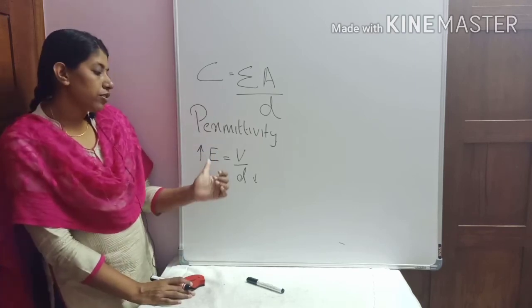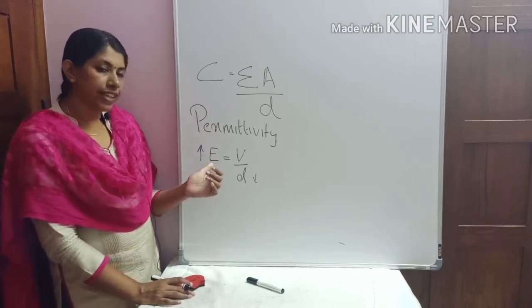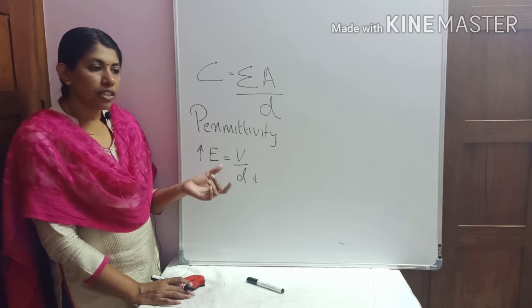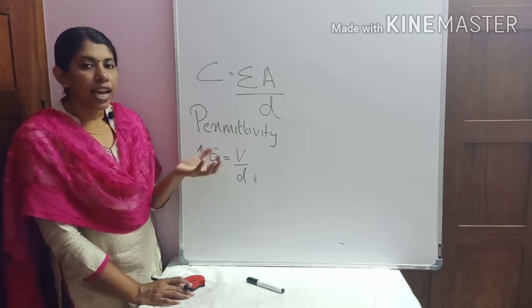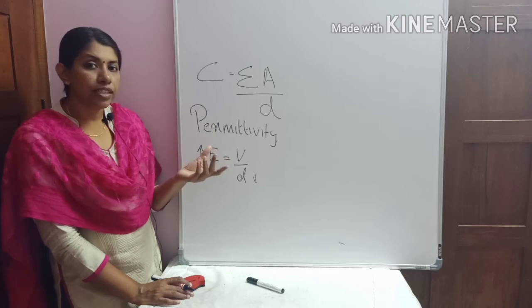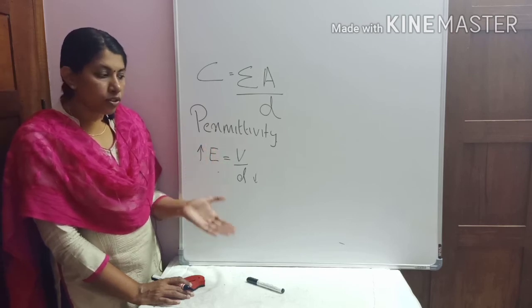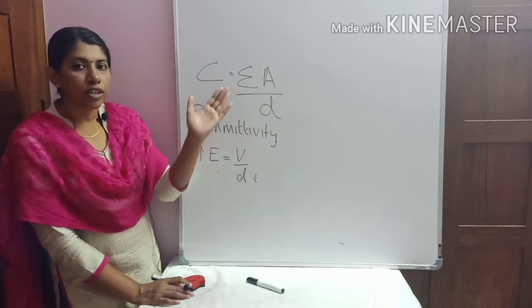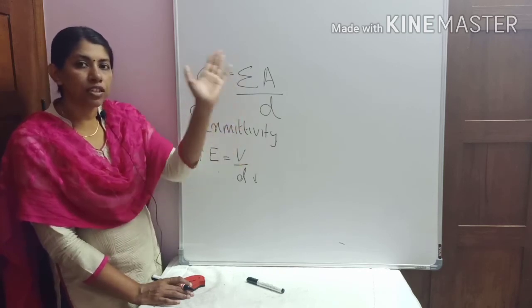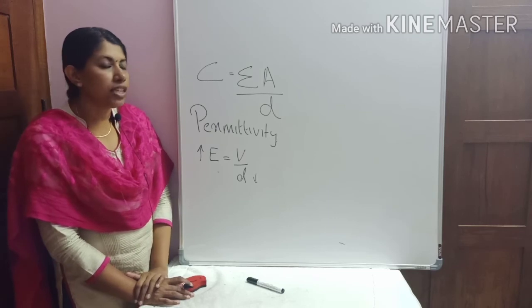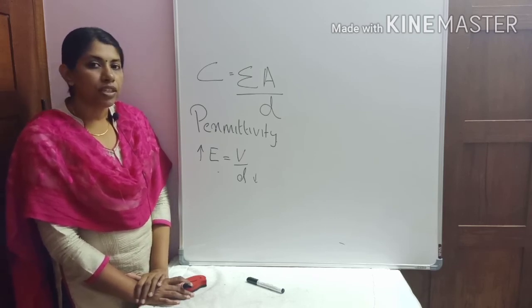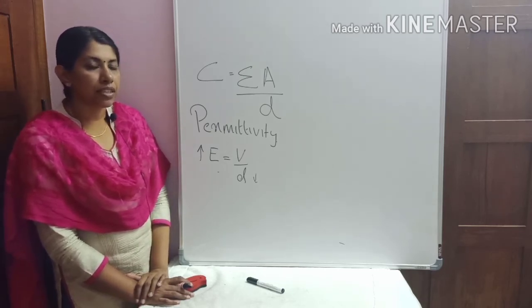Under the influence of this electric field, more dipoles will be formed inside the dielectric, and as a result the net voltage inside the plate will decrease. So the battery will try to maintain the voltage, and as a result more charges will be deposited on the plate, and the capacitance will increase.